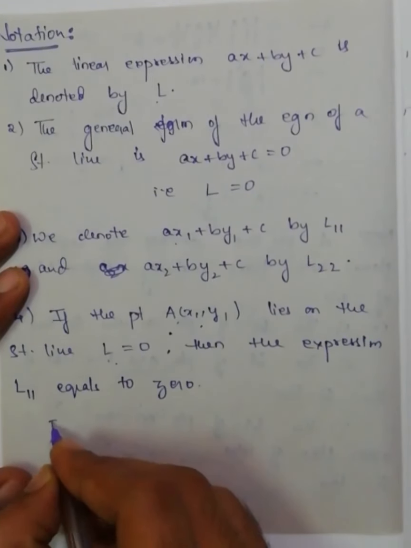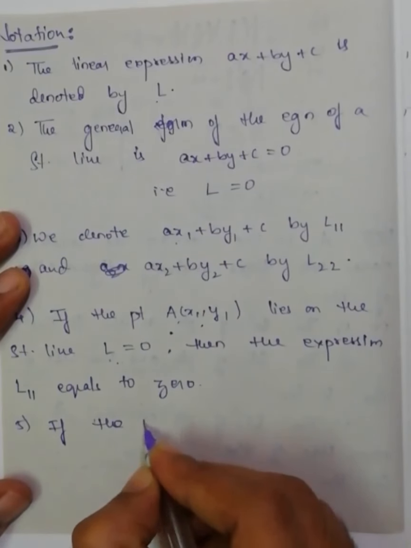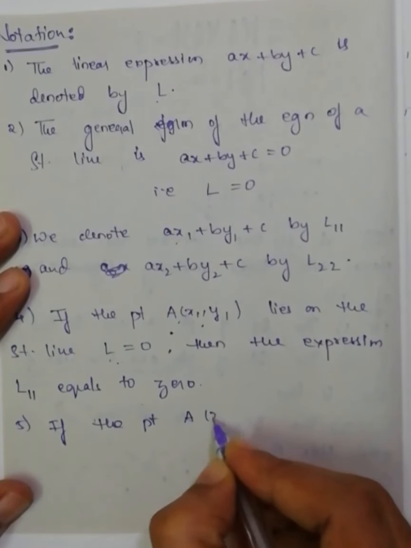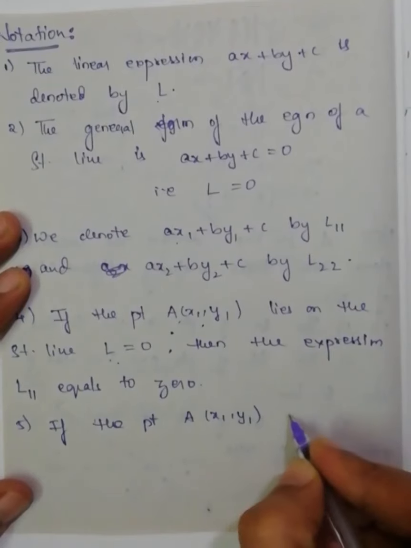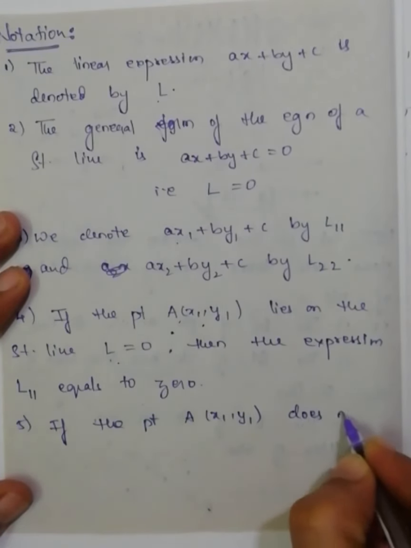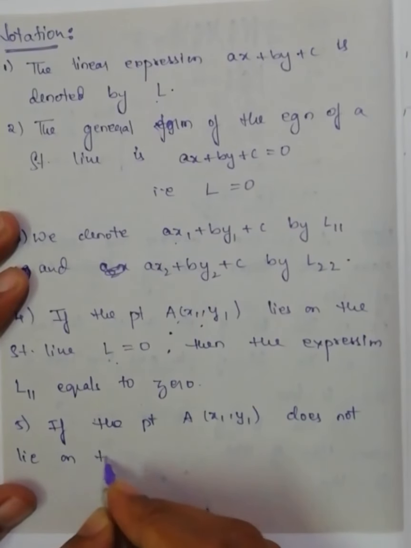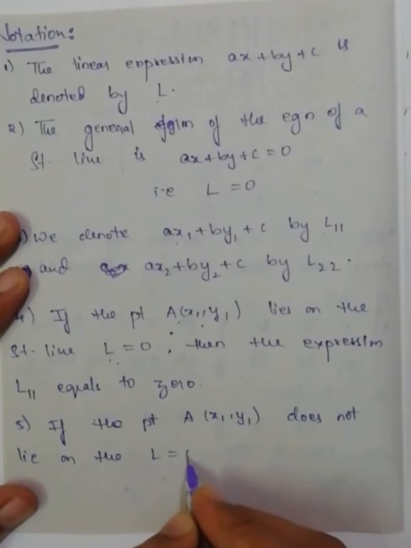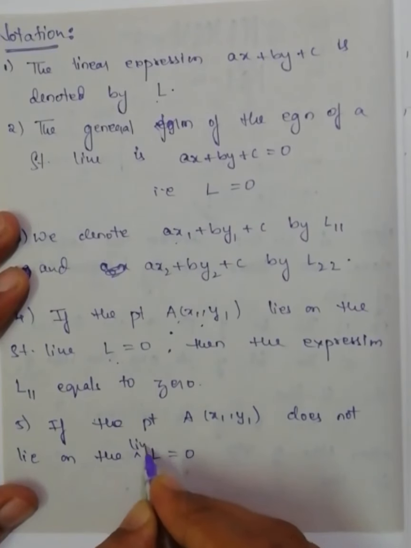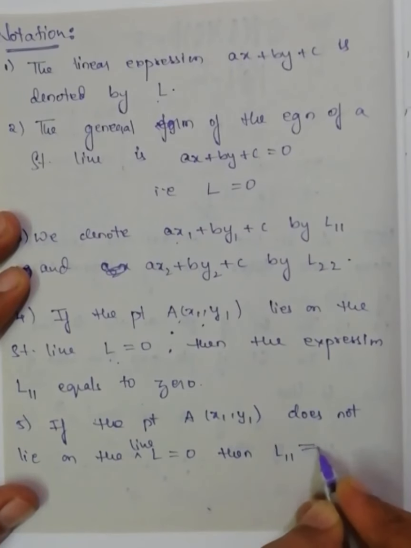Fifth one, if the point A of x1 comma y1 does not lie on the line L is equal to 0, then L11 can't become 0.